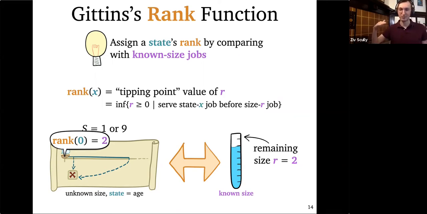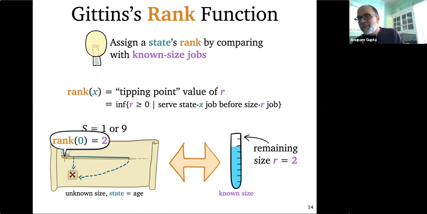You start at 0, where it's definitely better to serve the size R job first. So you start at R equals 0, and then you raise R up and up and up until all of a sudden R is too big, and you'd prefer to serve the job in state X. So that's how the Gittins rank function works. And it's kind of remarkable that all the complicated details in your Markov process can get summarized into this single number, the rank, through this 2-job scheduling problem.